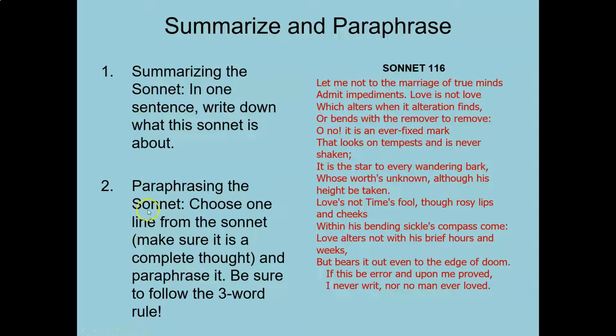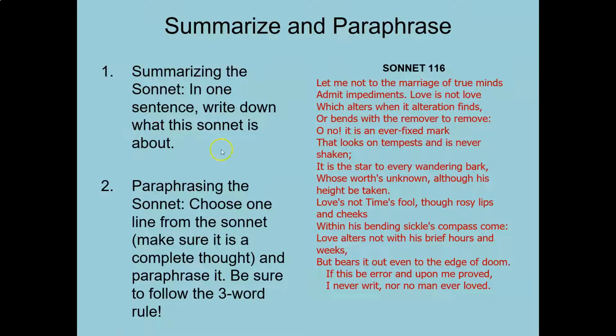Paraphrasing, though, requires a little bit more close reading skills. So I decided I'm going to paraphrase this top section of the sonnet with you. In order to paraphrase, you have to break the work down line by line. You cannot manipulate the language. You only have to put whatever it is the writer is saying in your own words.